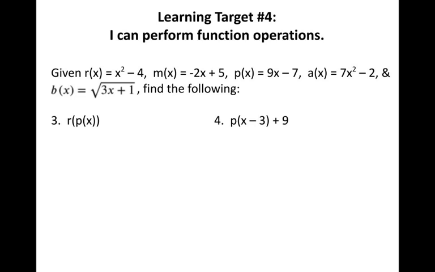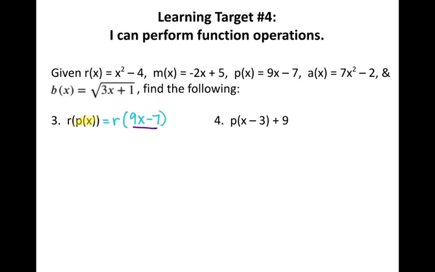And the way that I can tell it's the composition is because I have a function inside the parentheses for another function. So that means I'm taking p of x and plugging it into my r function. So here's another way of looking at this. I have r of, and I'm going to write down p of x. P of x is 9x minus 7.